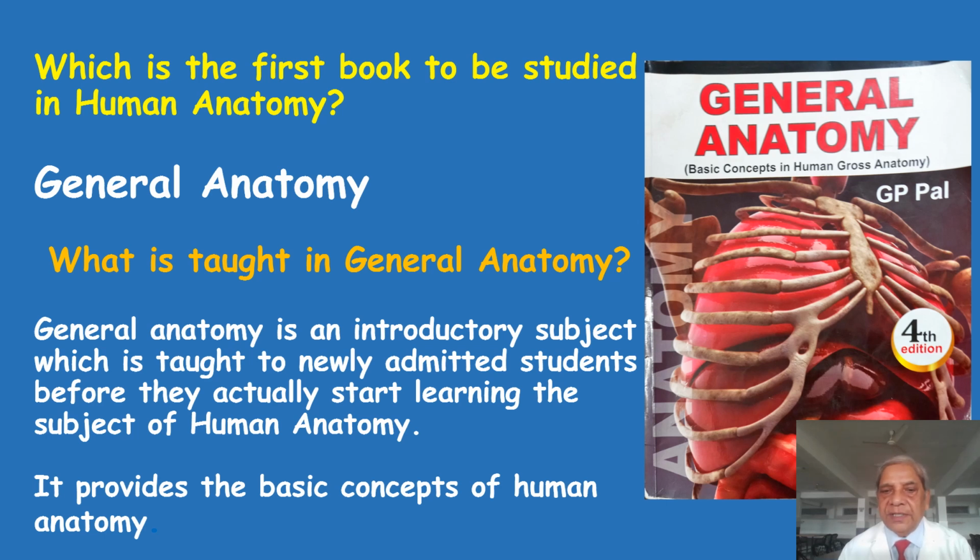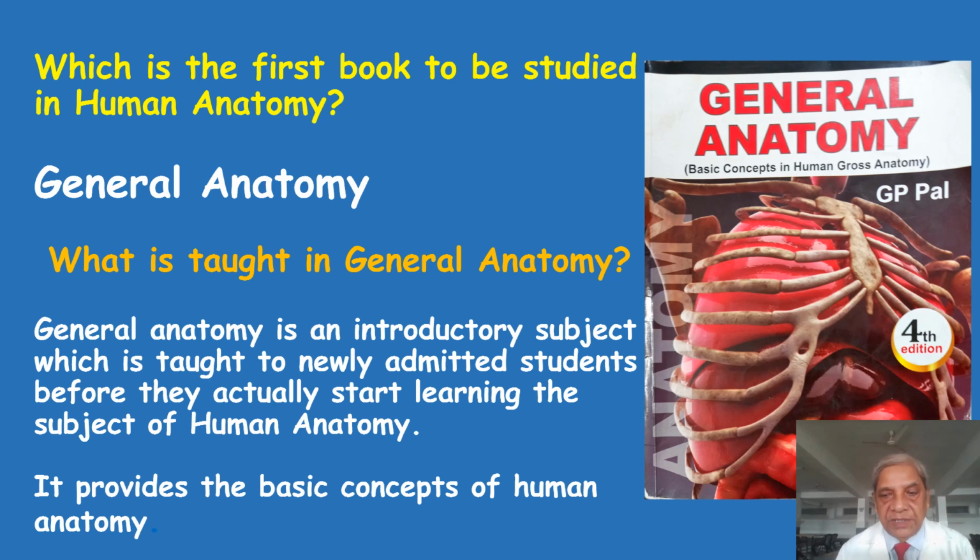In general anatomy you will learn that it is an introductory subject. So the first book you are going to learn in the anatomy department is general anatomy, and this book deals with the introduction to the subject of human anatomy. Learning this book will help you understand human anatomy later very well.